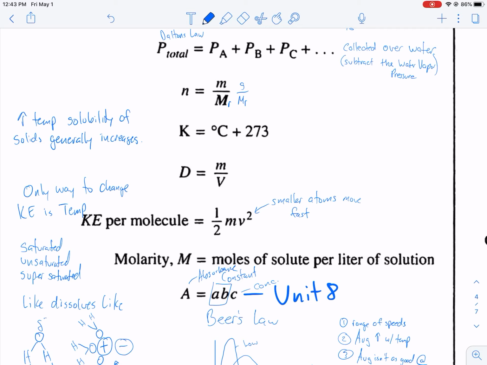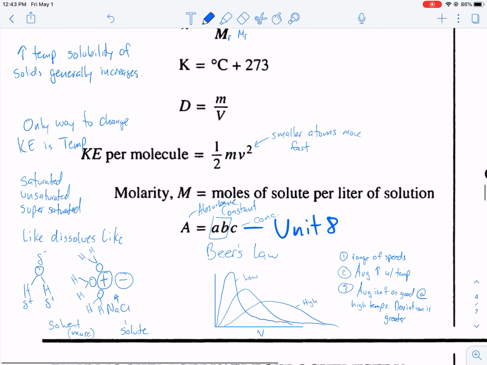But if you raise the temperature to 100 degrees, you might be able to get 50 grams to dissolve. So if you raise the temperature up, you dissolve those 50 grams, and then you let it slowly cool. If the substance stays dissolved, then you would have a supersaturated solution. There's not a lot of things that do this, so we don't see supersaturated a lot, but I would expect you guys to know the two terms of saturated and unsaturated. Those should definitely be ones that we're comfortable with.